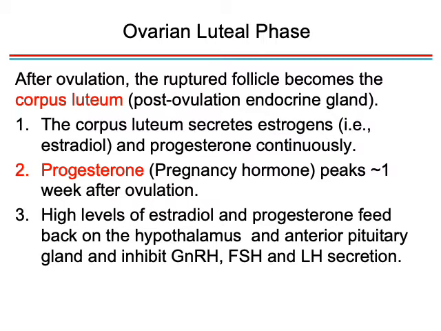The corpus luteum is now the post-ovulation endocrine gland, and it secretes estrogens and the pregnancy hormone known as progesterone. Both estrogen and progesterone now begin to mature the endometrium for implantation of the fertilized egg.